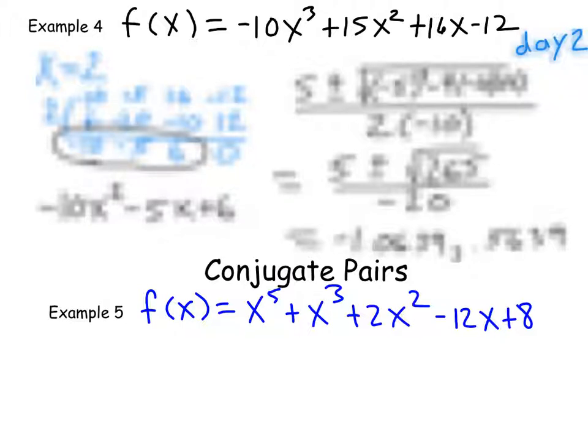Okay, we've got ourselves a cubic, which means we're looking for 3. Okay, 3 zeros total. Now, just for the sake of space, I'm not going to list out all the rational zeros. It's all the factors of 12 over all the factors of 10.